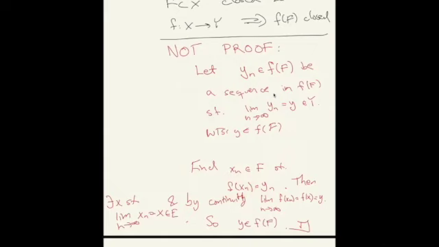Then we say that this is a sequence in E, E is closed, so there exists an x such that the sequence converges to it. And by continuity, the limit as n goes to infinity of f of xn equals f of x equals y. So now y is equal to f of x, and x is in E, so y lies in the image set.